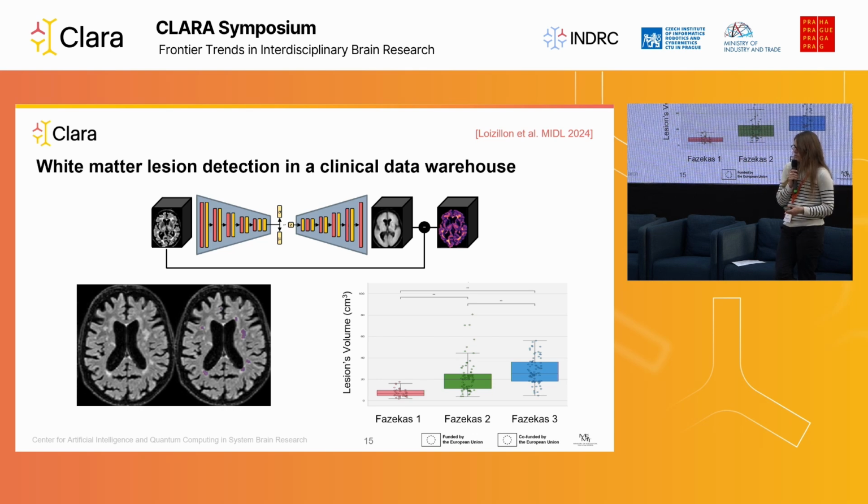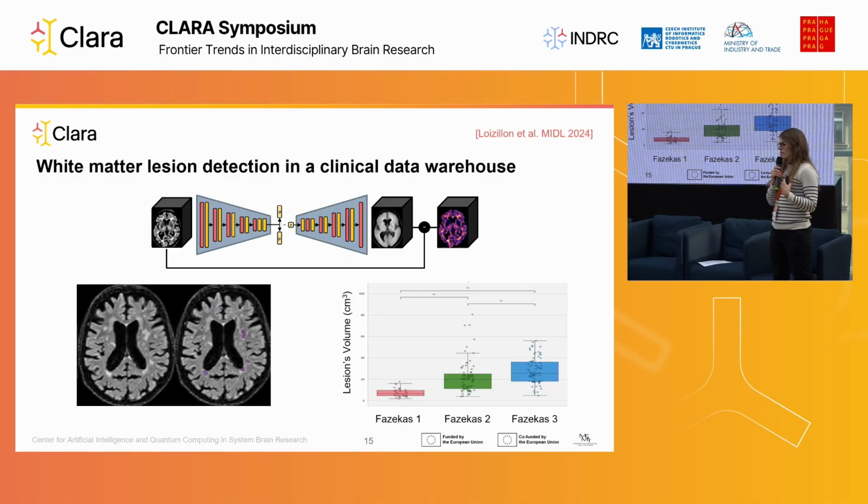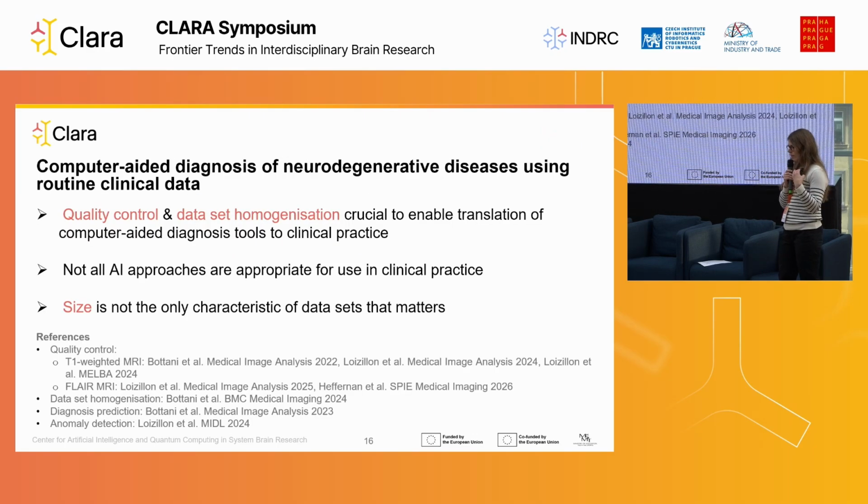So instead we use a Fazekas score as a proxy for the evaluation, which basically reflects the amount of lesions we have in the brain. And so we can see that the Fazekas score is consistent with the volume of the lesions that we automatically detect.